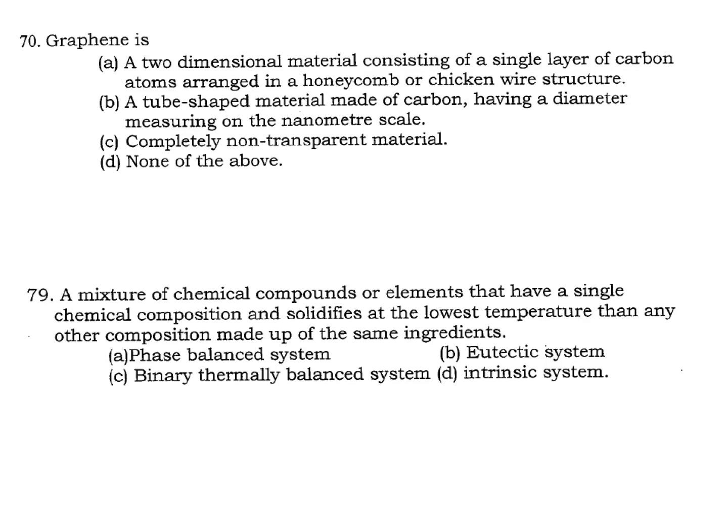Graphene is A. a two-dimensional material consisting of a single layer of carbon atoms arranged in a honeycomb or chicken wire structure. B. A tube-shaped material made of carbon having a diameter on the nanometer scale. C. Completely non-transparent material. D. None of the above. Graphene is a very important material. It's an allotrope of carbon. The structure is honeycomb-like.